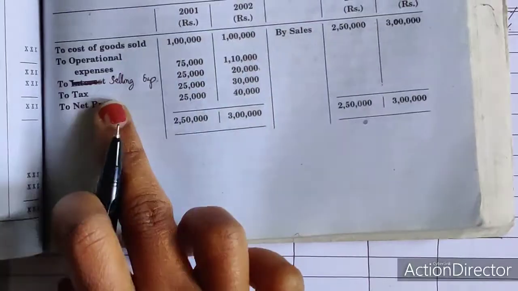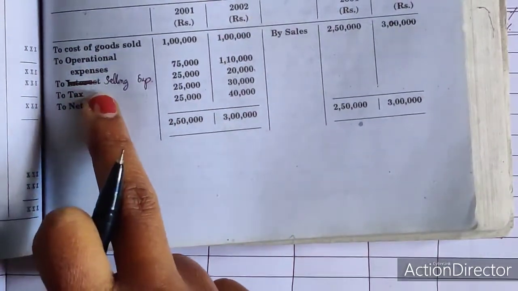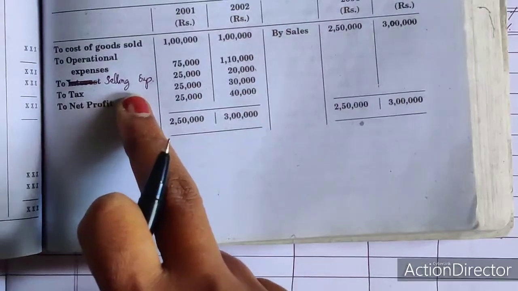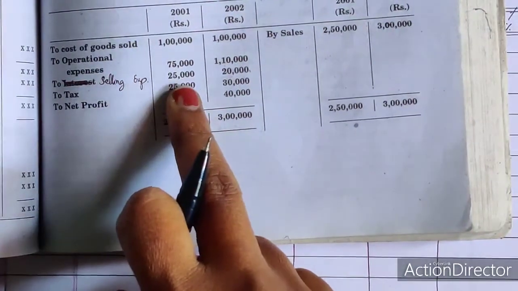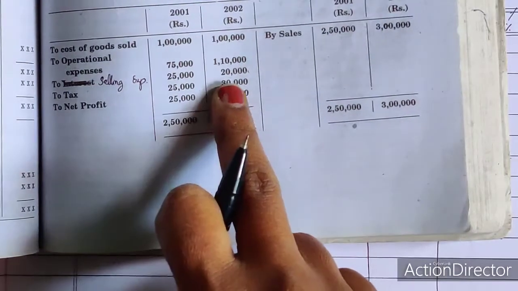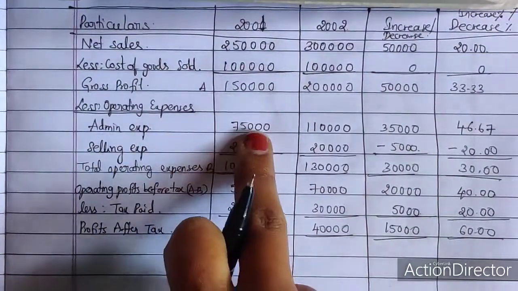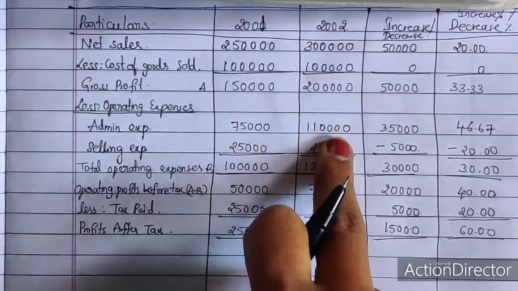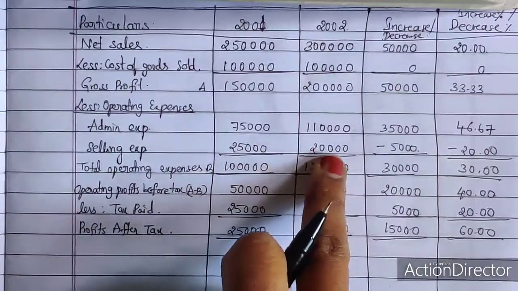Here you can make a change, instead of interest you write selling expenses. So here selling expenses in 2001 is 25,000 and in 2002 is 20,000. So that we have to write here. Administration expenses is 75,000, 1,10,000. Selling expenses is 25,000 and 20,000.